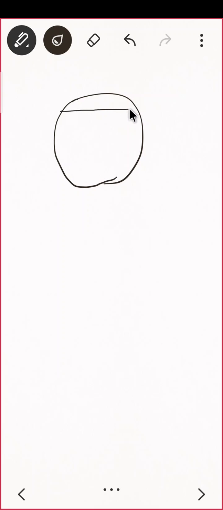Suppose I have a circle, and I have a square inside it. Now you are asked to find this shaded part. What will you do if you are asked to find the shaded part?